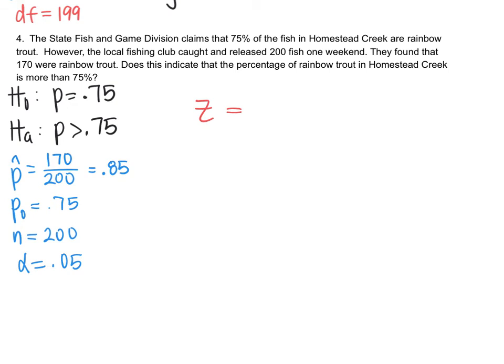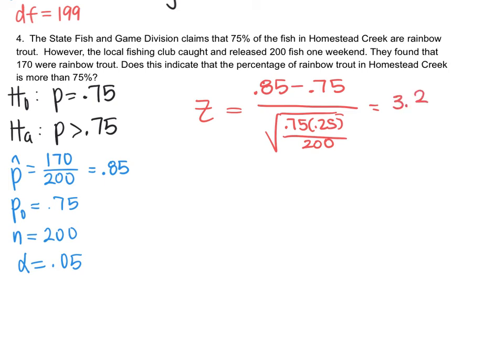So for our test statistic Z, we're going to do 0.85 minus 0.75 all over the square root of 0.75 times 0.25 over 200. We're going to get 3.27.